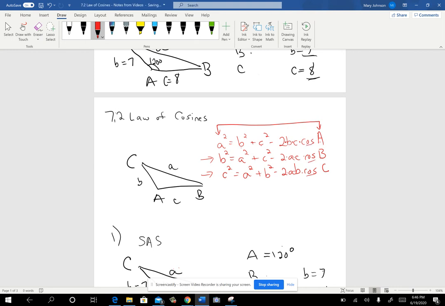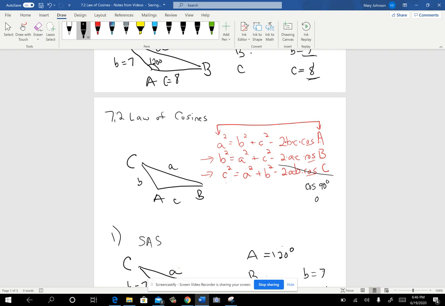It's kind of interesting to note, if angle C was 90, we'd have to do the cosine of 90, and the cosine of 90 is 0. So that would knock out that last term, and you'd wind up having c squared equals a squared plus b squared, which is just the Pythagorean theorem.